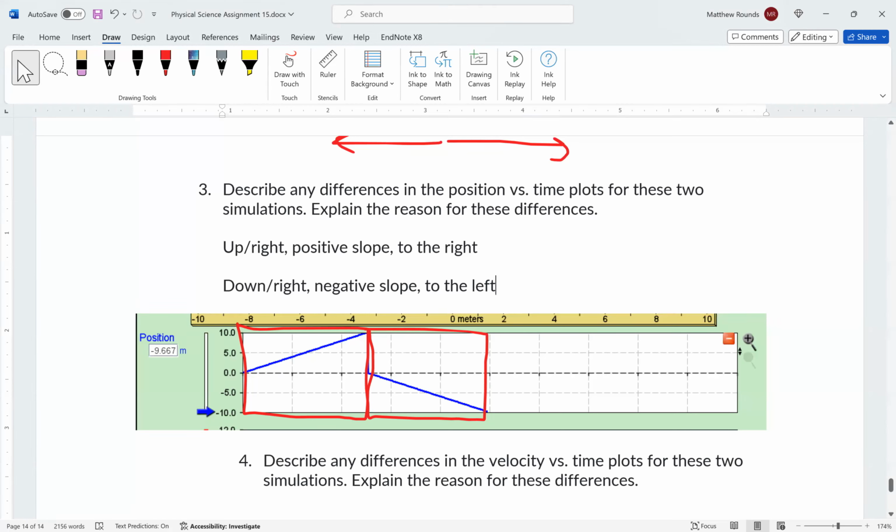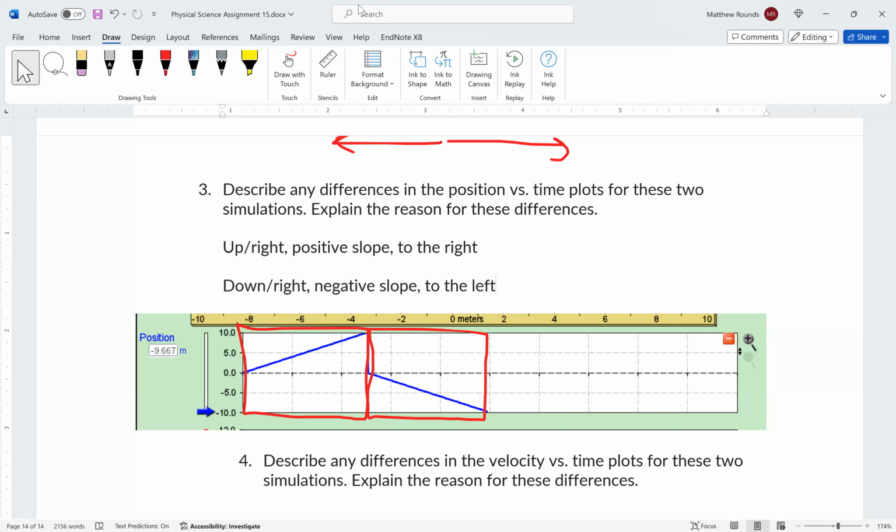Oh no, wait, what did I click? Quote by accident? All right, there we go.